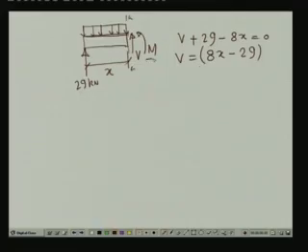Now, if you calculate the bending moment here, if we take the moment of all the forces with respect to this point or section AA, then we have moment M, which is in the anti-clockwise direction.